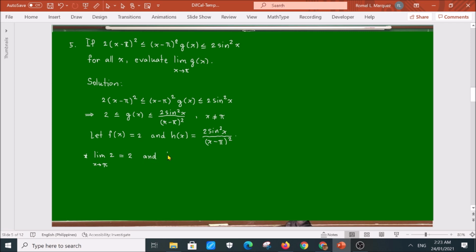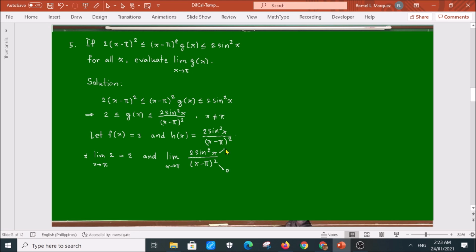And for the limit as x approaches pi of h of x, that is 2 sine squared x over (x minus pi) quantity squared, the limit of the denominator as x approaches pi is 0.